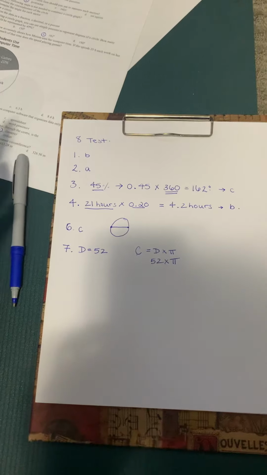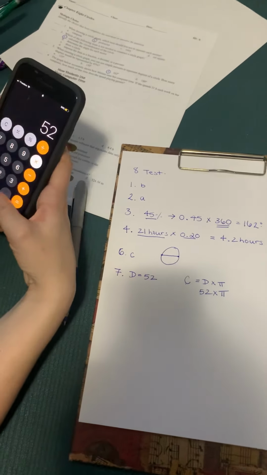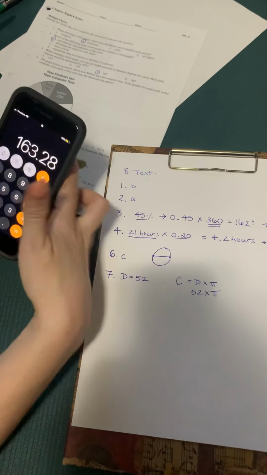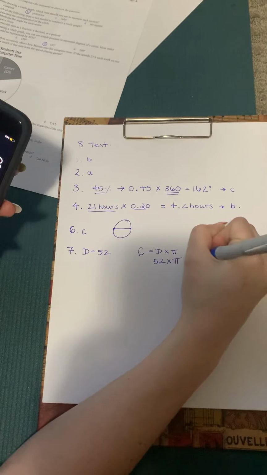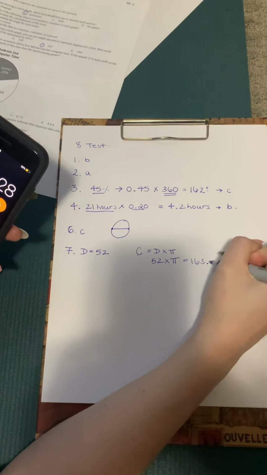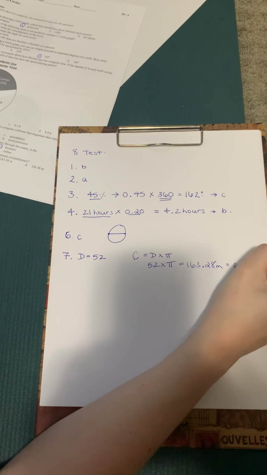If I get out my calculator and I go 52 times 3.14, which I know is what I'm using for pi, my answer is that my circumference is 163.28 meters, which is the same as C.